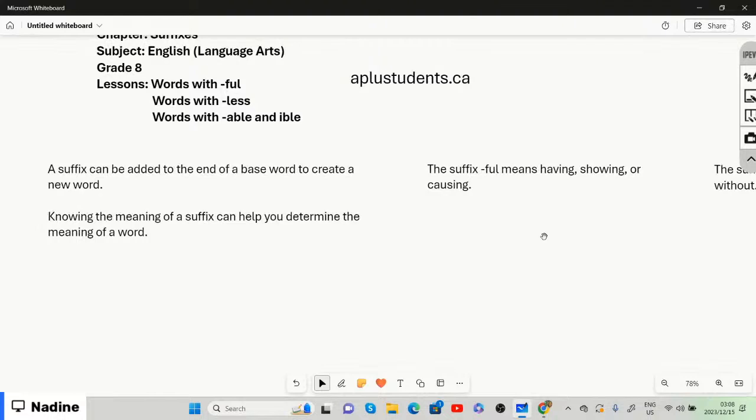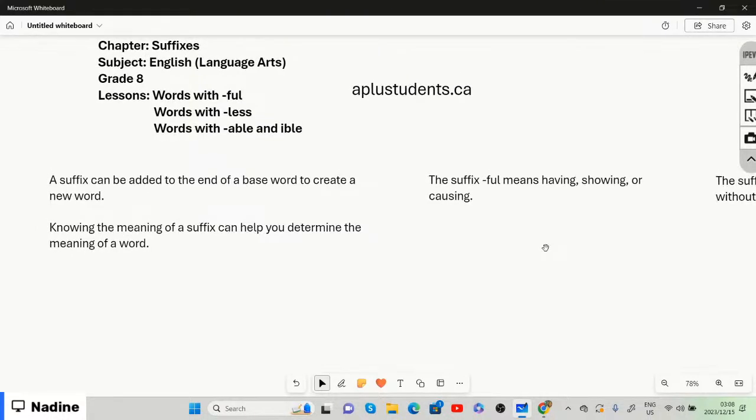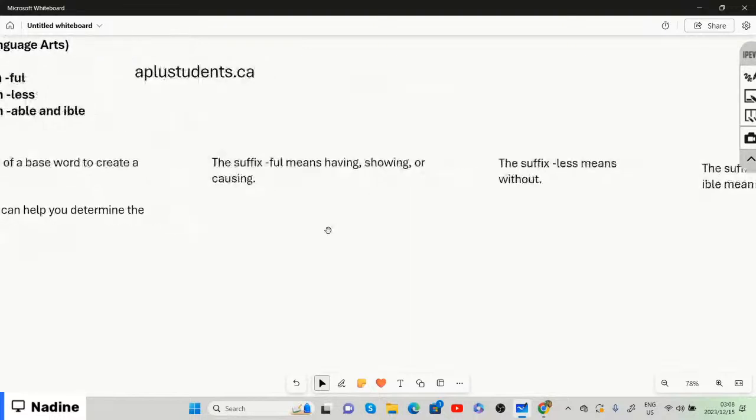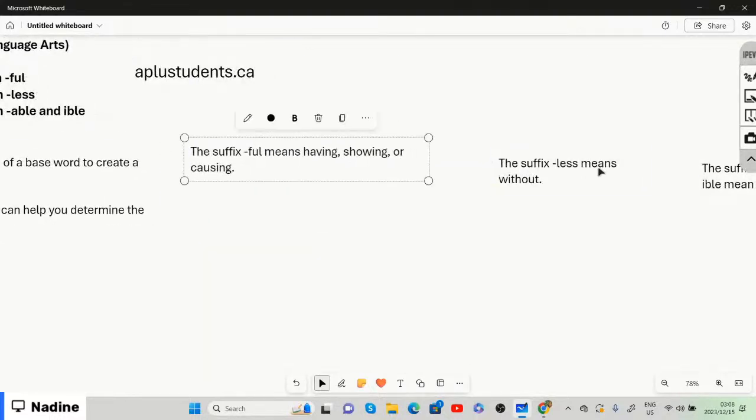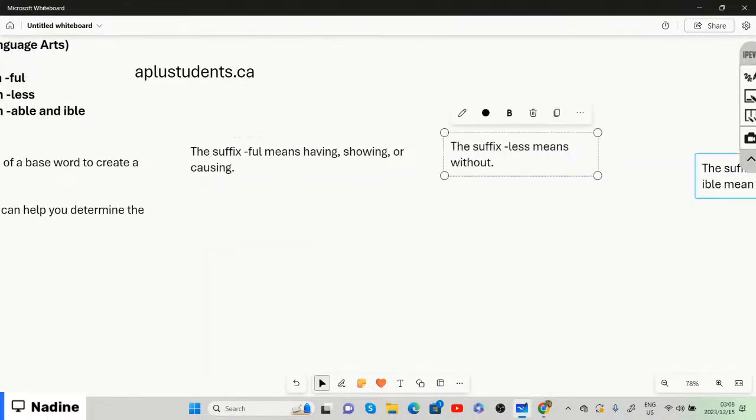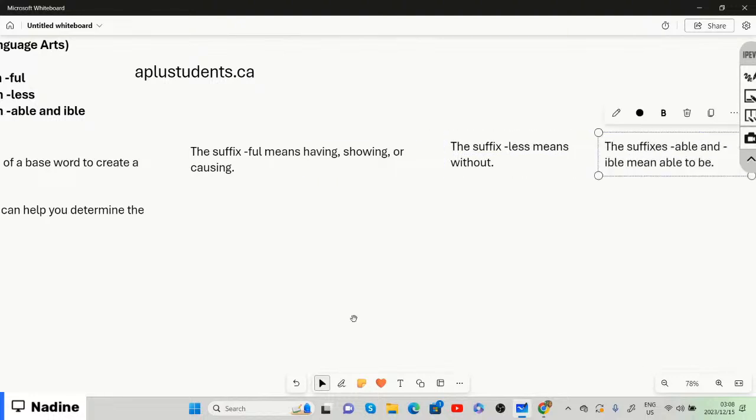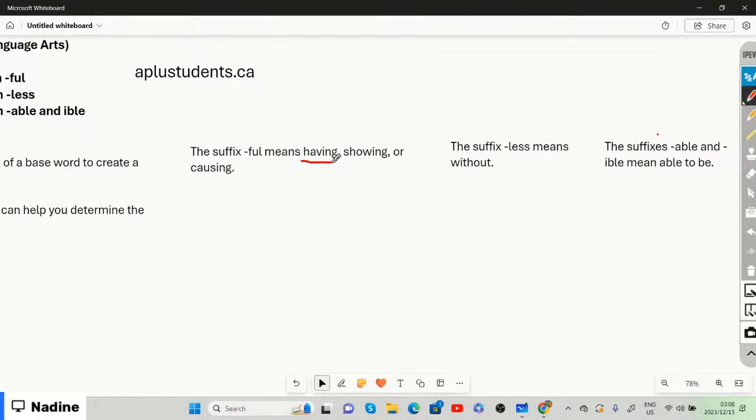With our lessons today, we're doing words with full, less, and able. Suffixes with full mean having, showing, or causing.